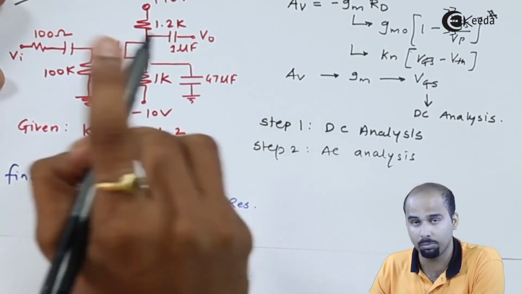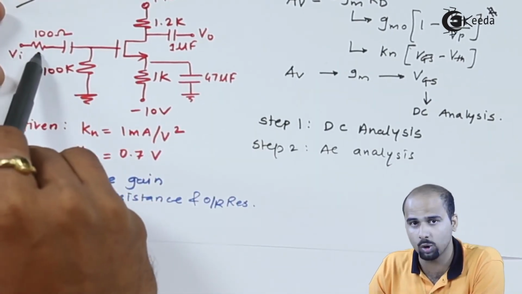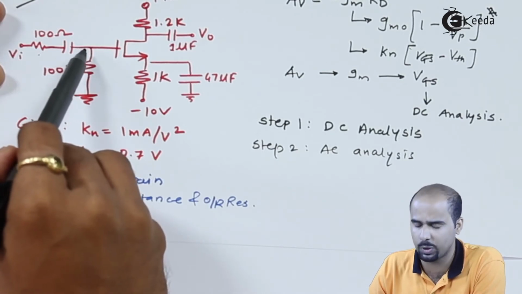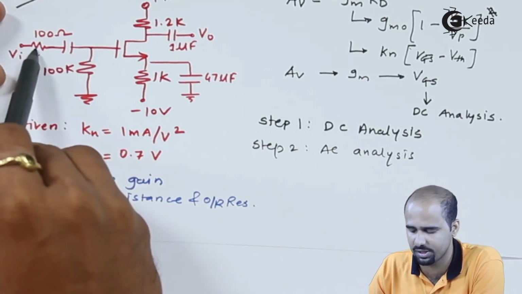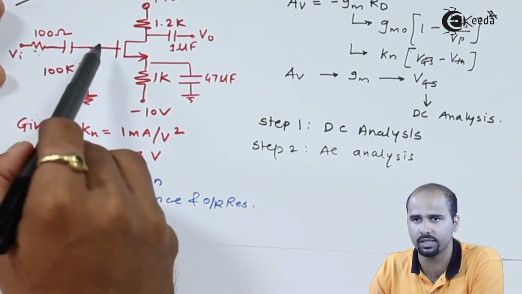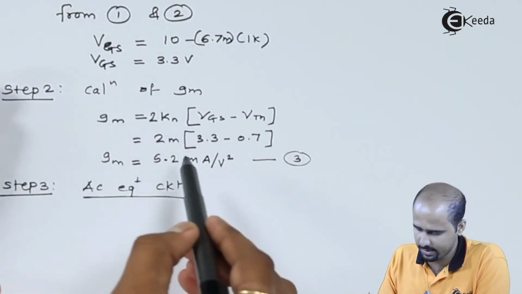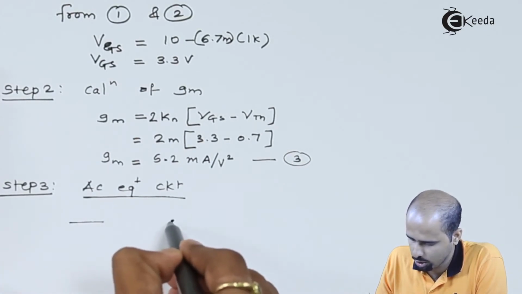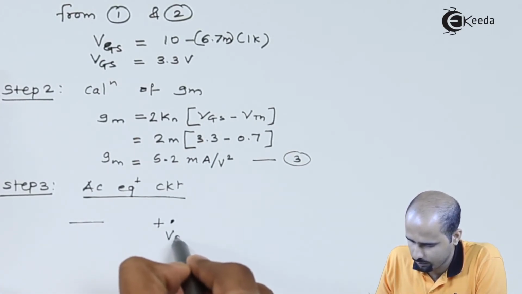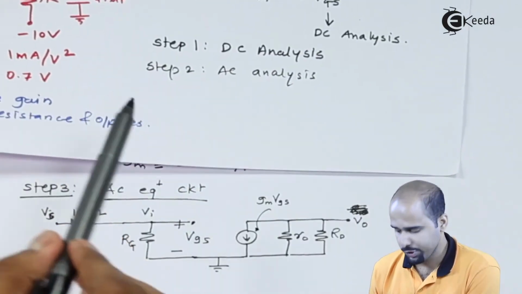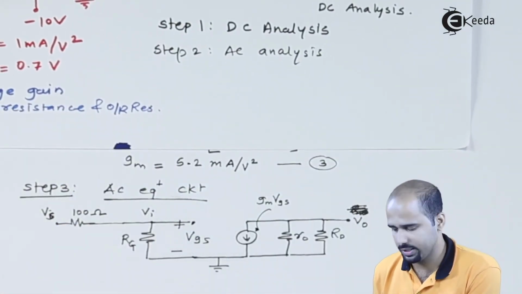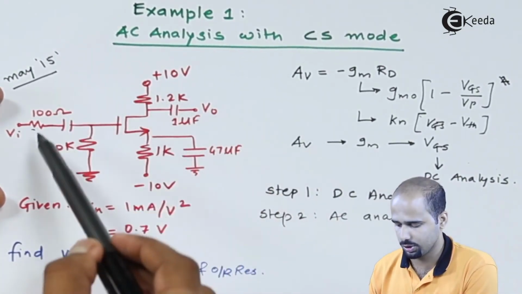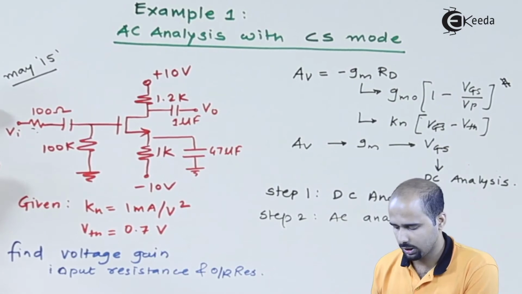But hold on, here the 100 ohm has to be included in our picture of the AC equivalent model, connected in series with the input and gate. So as far as the AC equivalent model is concerned, this is the given circuit from the question.